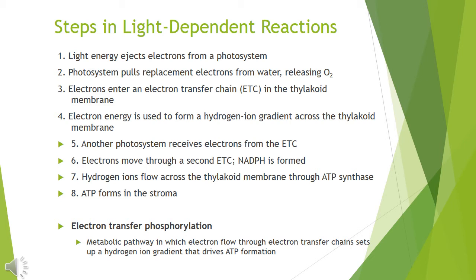Then we have this electron transfer phosphorylation. I'll just give you a quick brief definition. It's the metabolic pathway in which electron flow through electron transfer chains sets up a hydrogen ion gradient that will drive ATP formation. Basically, phosphorylation means that you are adding or removing a phosphate group.